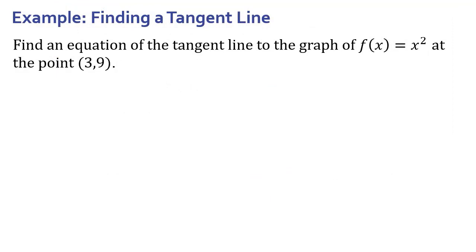Okay, let's actually put these formulas in action. Find an equation of the tangent line to the graph of f of x equals x squared at the point 3, 9. We've done this before. At the beginning of this course, we learned how to find the slope of a tangent line either graphically, by estimating what that tangent line would be, or numerically, using a table of values and seeing what happens as our x values get closer and closer to 3.